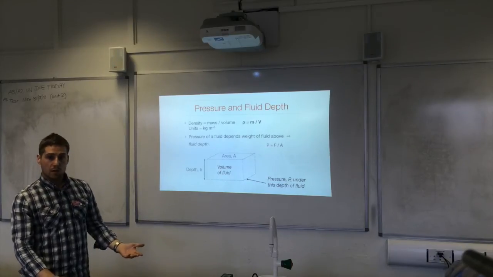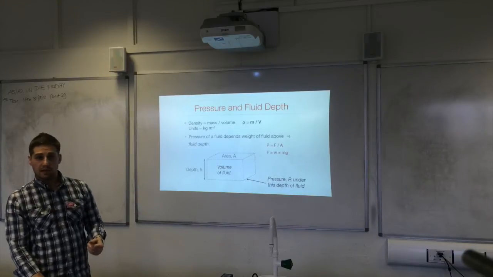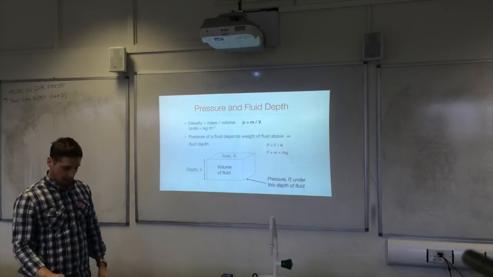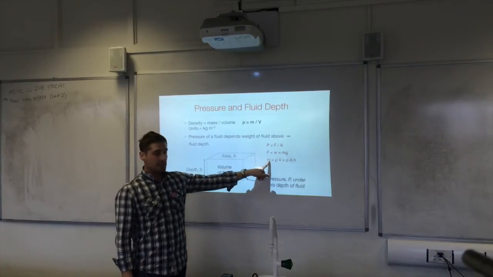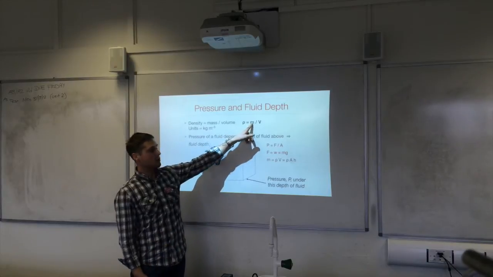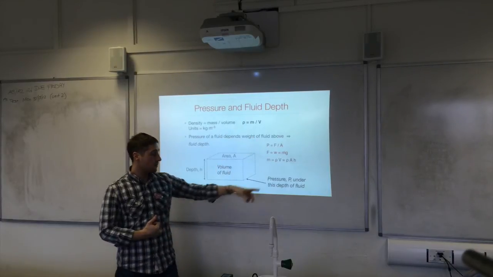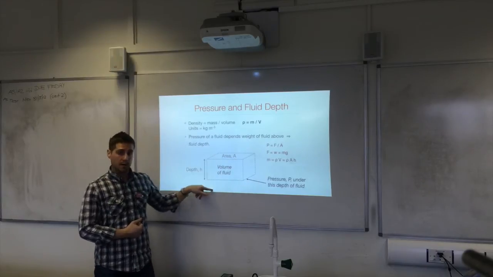Pressure is force over area. The weight is providing that force, so F equals mg. The mass of the fluid is equal to, if you look at this equation, rho times the volume. And the volume is equal to this area multiplied by the depth.